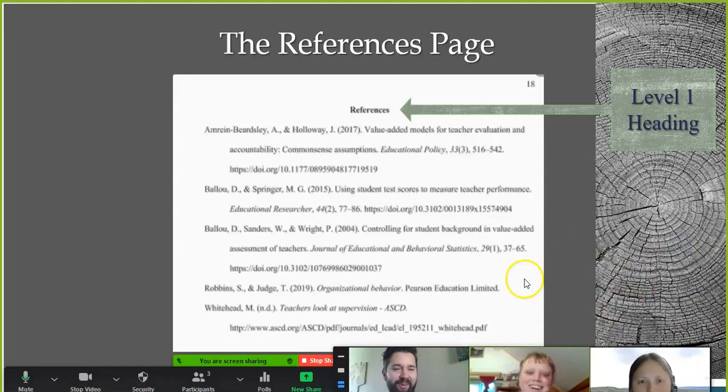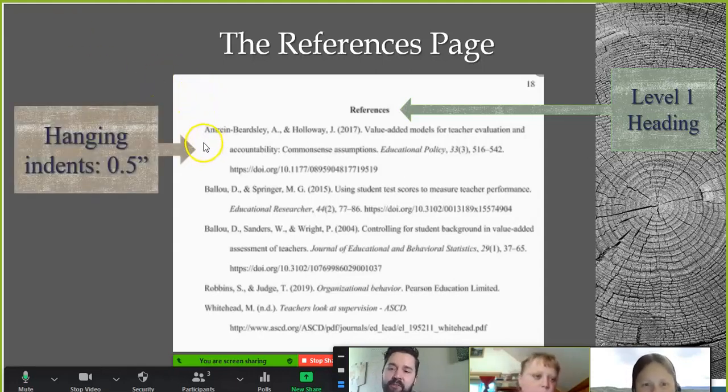Okay, there we go. So we've got a level 1 heading for the references at the top of the page, and we call it references in APA. You may be familiar with MLA, which calls it works cited, or maybe with Chicago style, which calls it the bibliography. In APA, they call it references. You'll have hanging indents, which are 1/2 inch, and you can see those here. They're kind of carved out on the side.